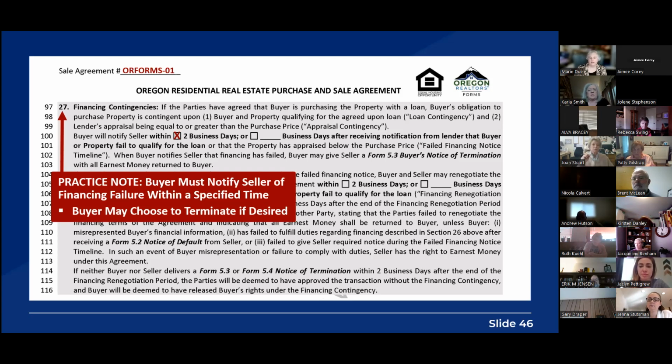You may have started it, but then all of a sudden they say, oh, wait a minute, too much of your income is self-employed. They change banks. That's an example of why this is in there: you can find another bank. Now, if the rate goes from 6% to 12%, that's a big enough change that the buyer can back out and say that they are no longer qualified. But again, we wanted the opportunity to cure in there.